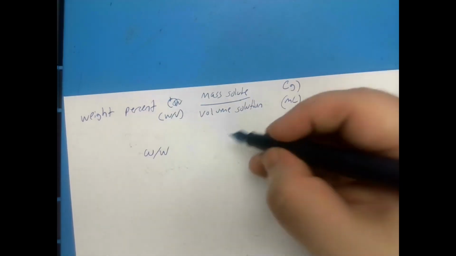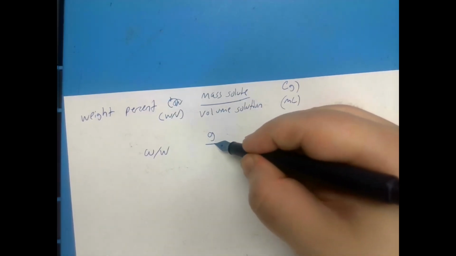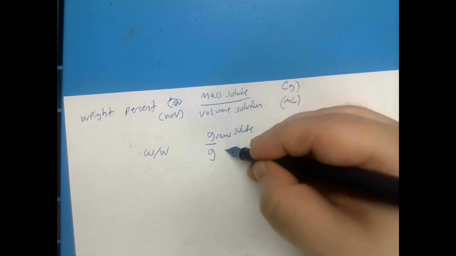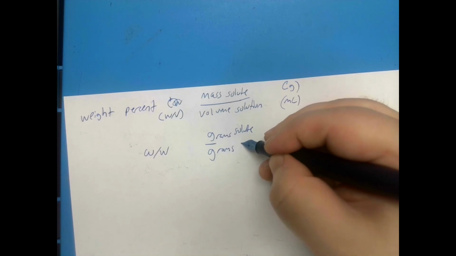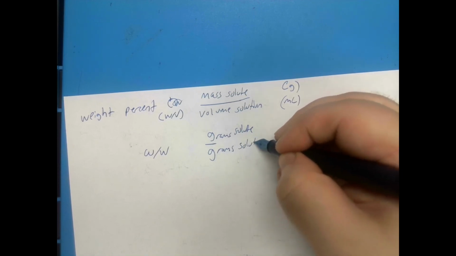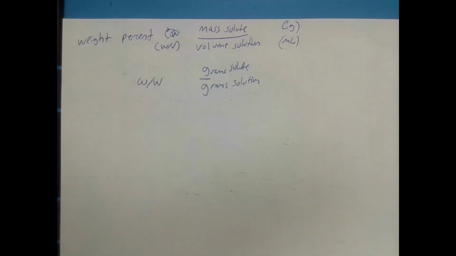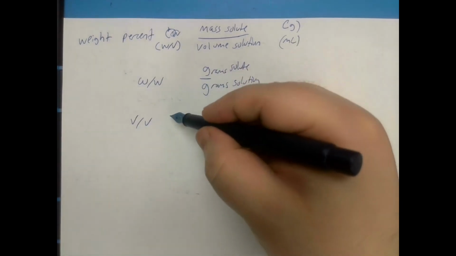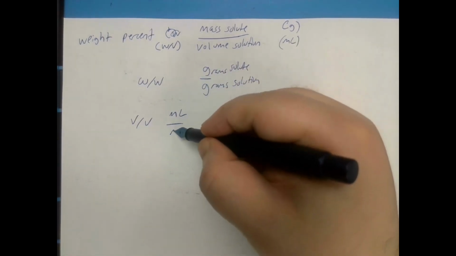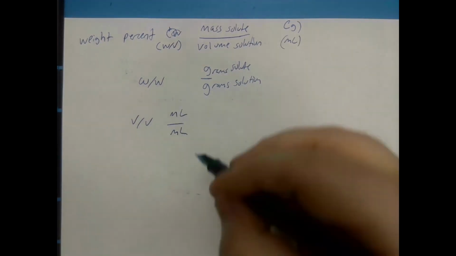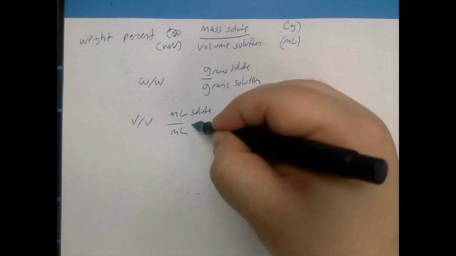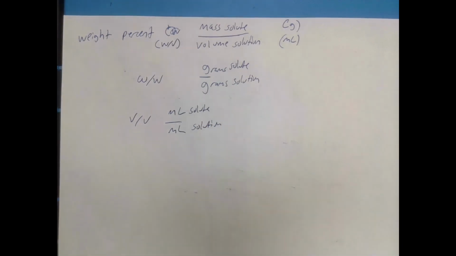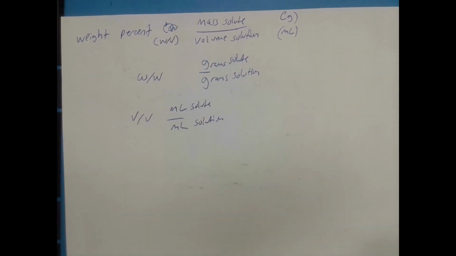W/W is going to be your grams per grams, the gram solute per grams solution. And your volume per volume is milliliters per milliliters, a milliliter solute per volume solution. And it's dimensional analysis.